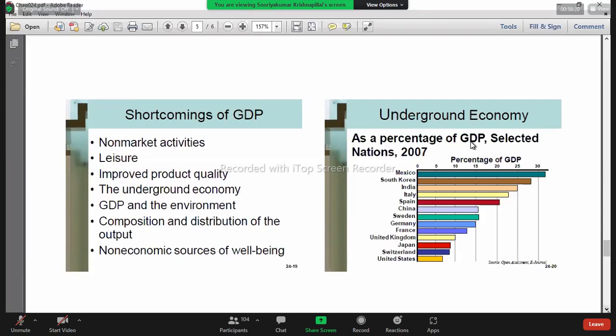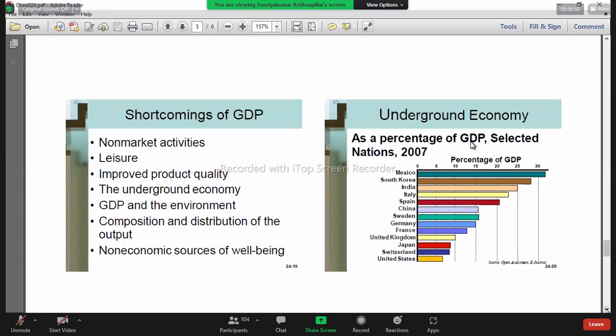Even with the same GDP in two countries, if there is less crime in one country, that is a non-economic source of well-being. Similarly, tension between two countries, when we don't know when a war will erupt, also decreases well-being.